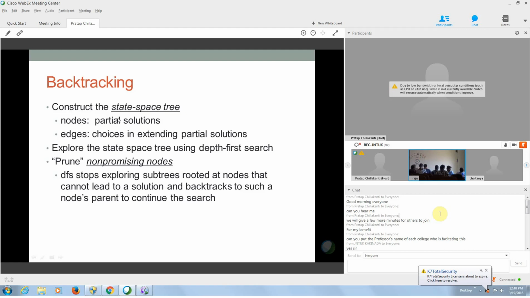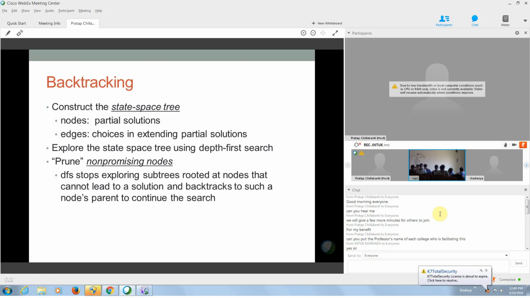The next bullet point is important. You are always searching the state space tree using a depth first search. That is the big difference between backtracking versus branch and bound. In branch and bound, we are not limited to depth first. We actually recommend doing a breadth first search in branch and bound most of the time. So that's the big difference.